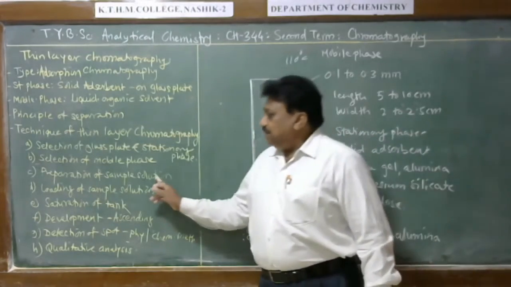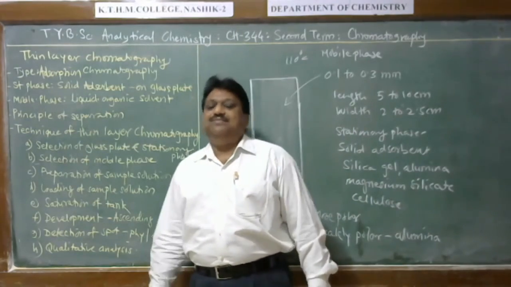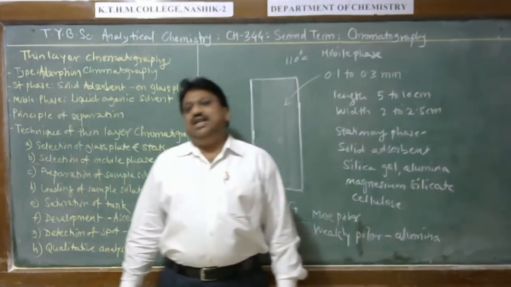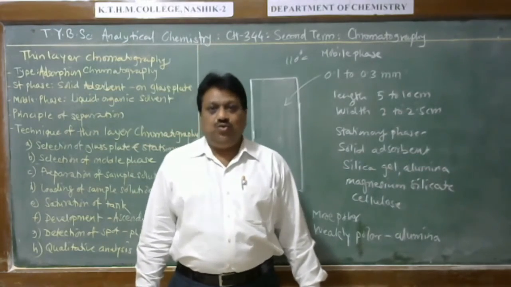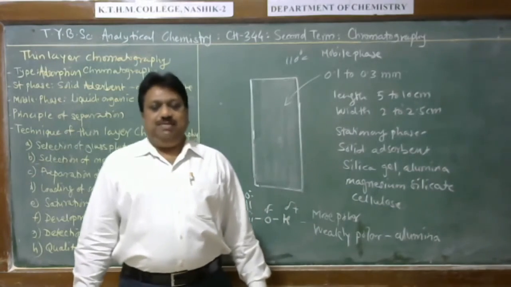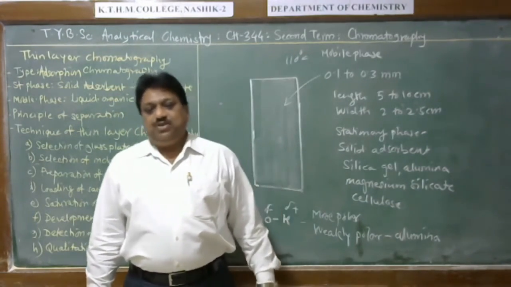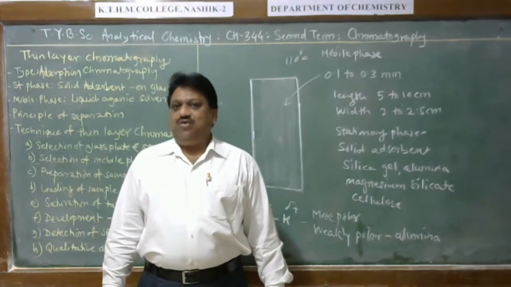Next step is the preparation of the sample solution. Similar to paper chromatography, the sample solution in thin layer chromatography is prepared in a suitable volatile solvent, or sometimes a developing solvent may be used. If a volatile solvent is not available, then the developing solvent may be used for dissolution of the sample.